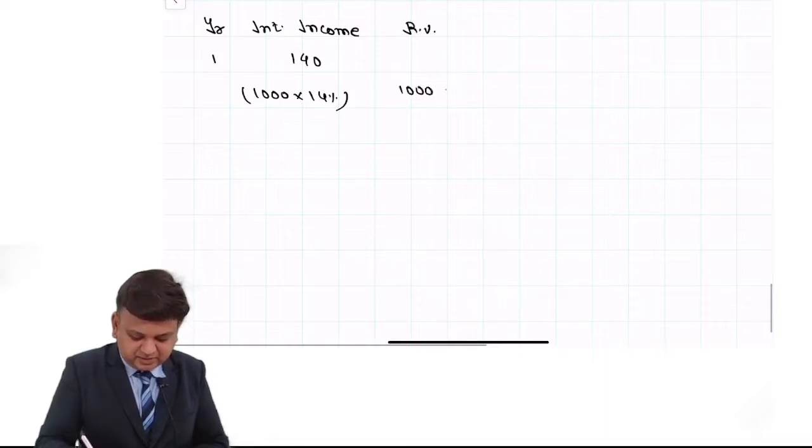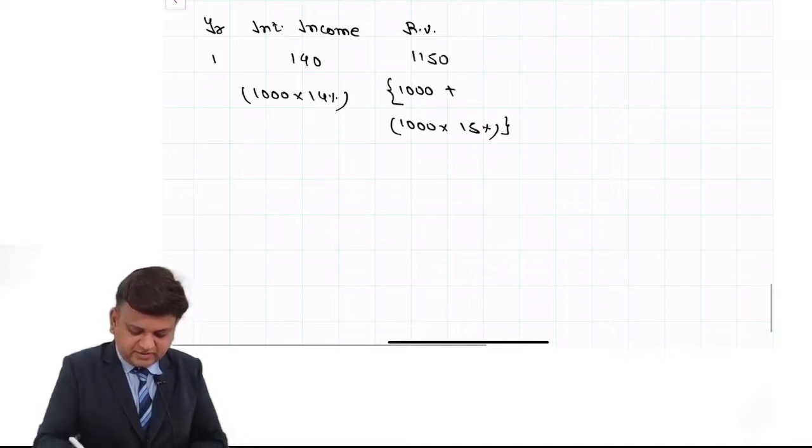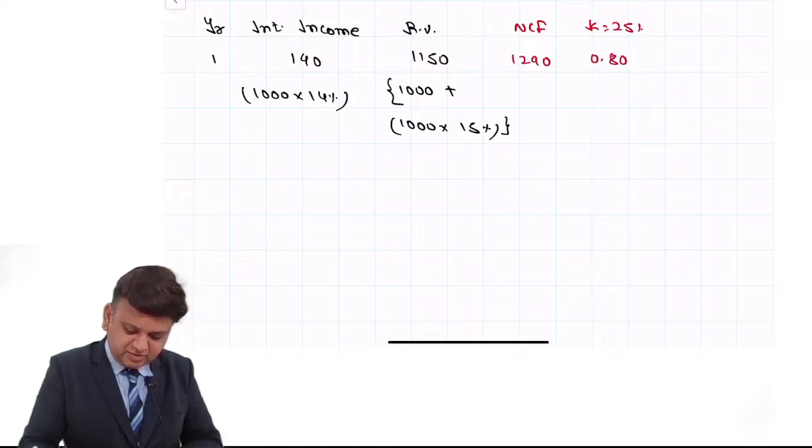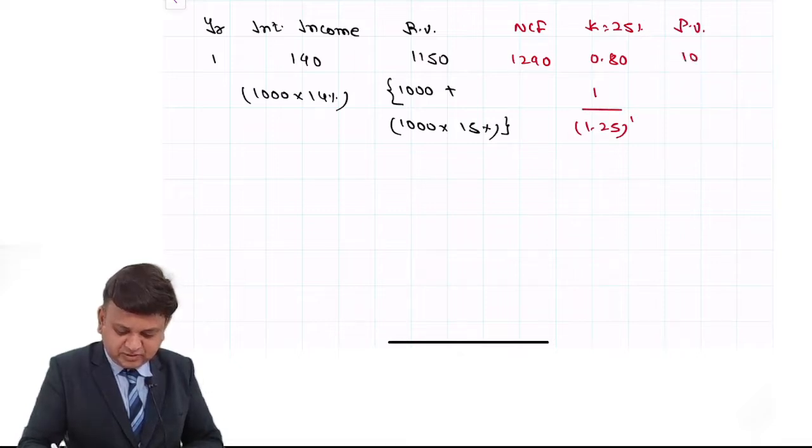Redemption value 1000 plus 1000 into 15%, 1150. Net cash flow 1290. Discounting at 25%, first year factor is 80 paise, 1 divided by 1.25 raised to 1. Present value 1032.